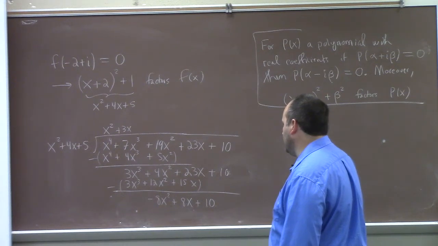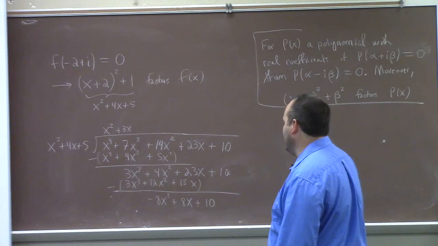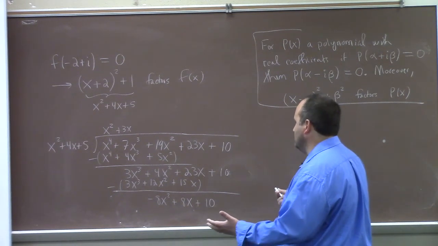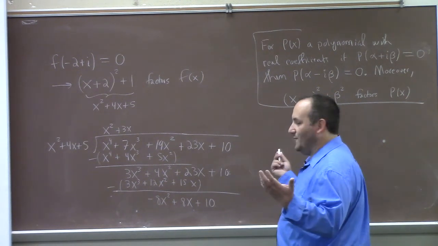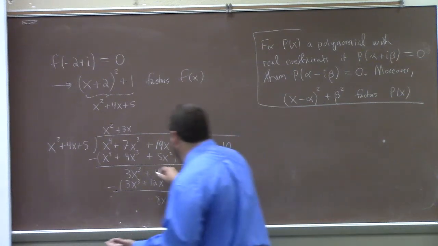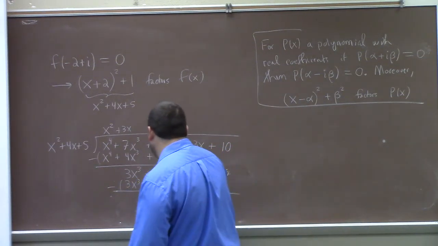Let's see here. 3 times 4 is 12. So then 19 minus 5. 19 minus 5 is 14, right. 14 minus 12? 2.